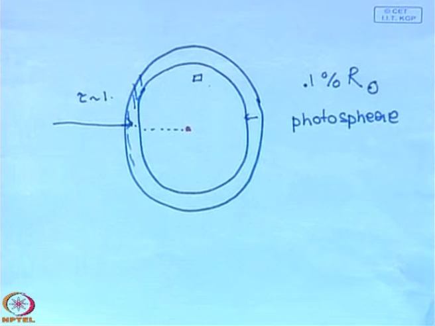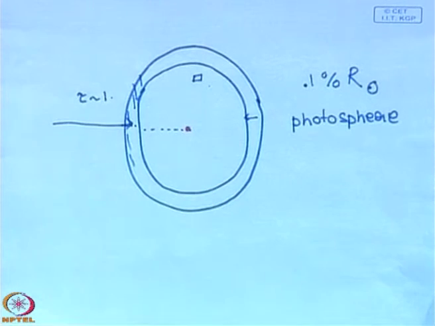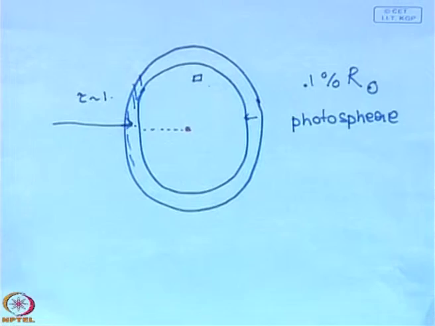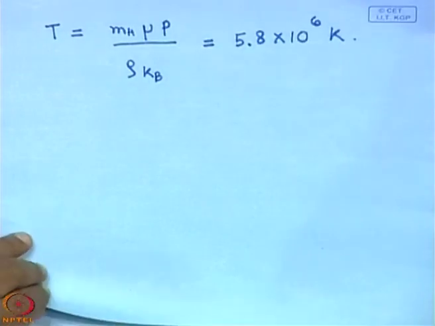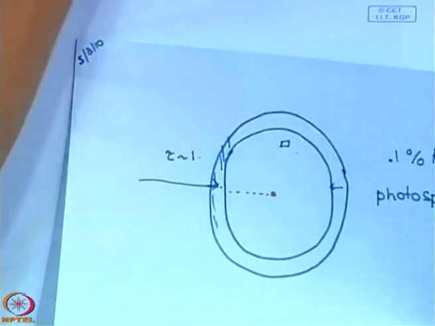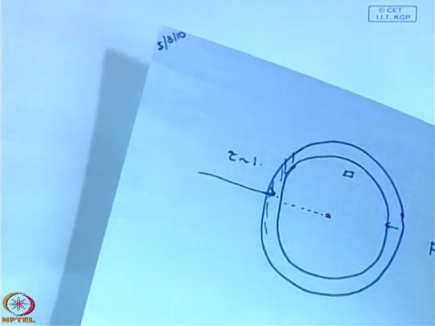So, let us now take a look at the propagation of this radiation from the center of the sun to the outside. That is the next thing that we are going to look at. Roughly, let us try to get a rough picture of how the radiation comes from the center of the sun to the outside. So, that is the next question that we are going to look at.